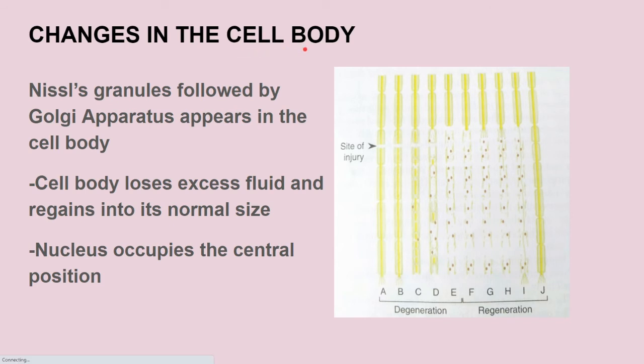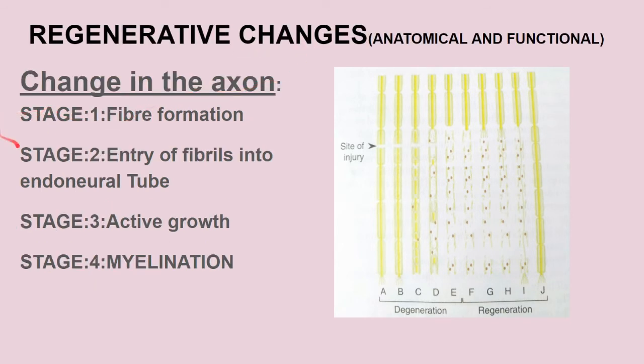First of all, the change in the axon has mainly 4 very important steps. First of all, fiber formation. Now what happens is that around 100 to 200 fibers elongate and come out from the proximal, remember, proximal part of the cut end of the neuron, and they extend towards the distal part of the cut end of the neuron, and they make an effort to reach the distal cut end.